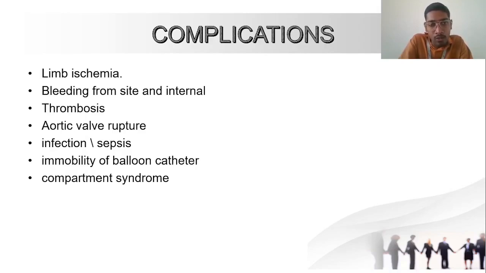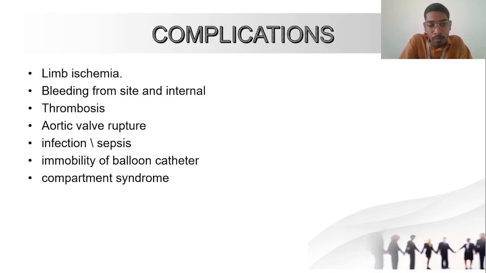If the patient is older, we need to assess them carefully, as they may go through rupture. After the procedure, some patients may get infections and also sepsis. And then immobility of the balloon catheter, that is, if a catheter is placed there, immobility may occur due to malfunction of the catheter.